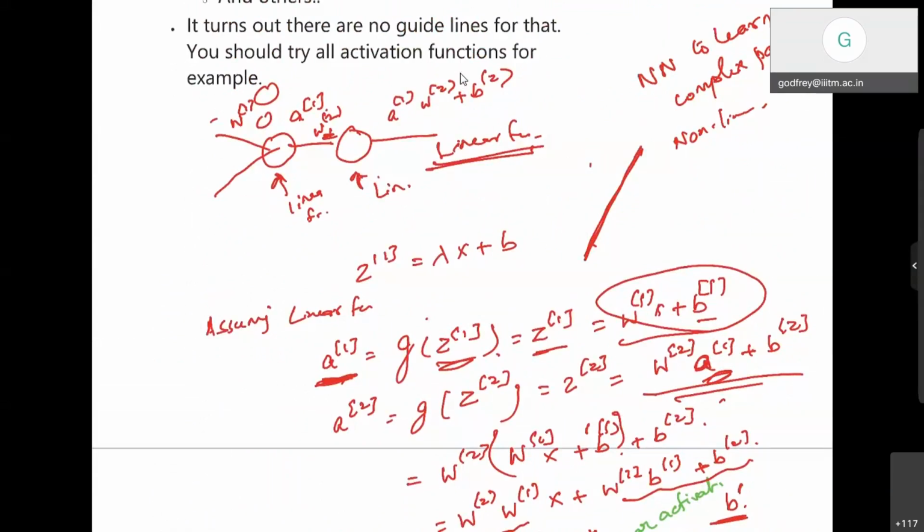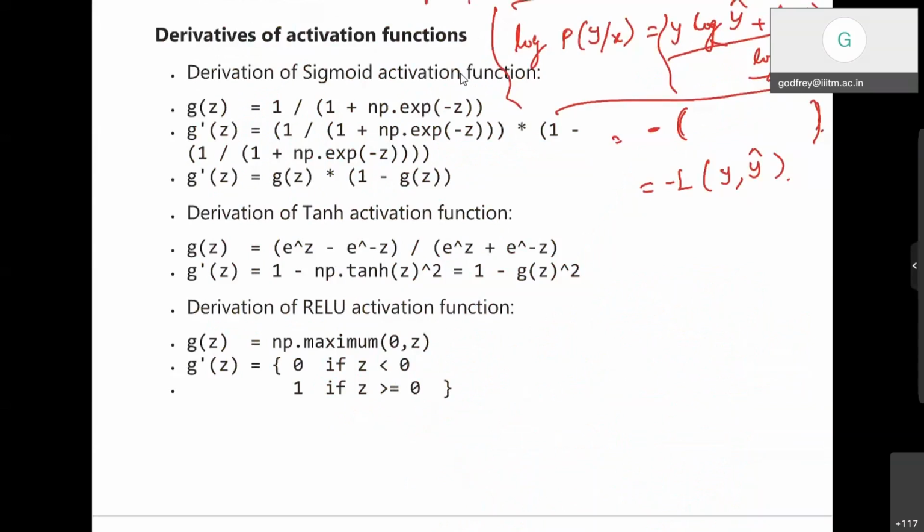Now here we can note a few things. Look at the derivatives.